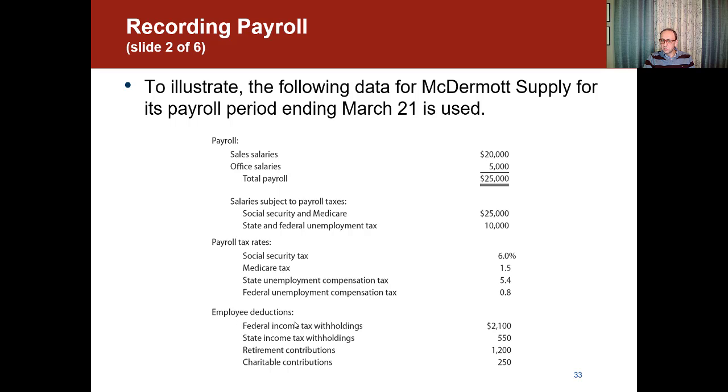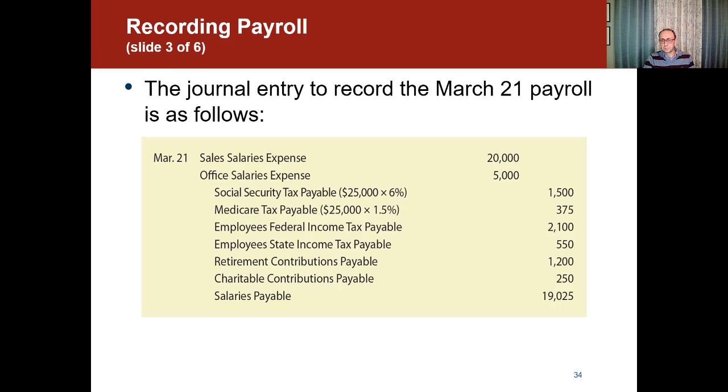Then we have the employee deductions, which is the amount that we deduct from our employees, because they are the employees' responsibilities. And we discussed that in the previous video, where we have the federal income tax withholding, the state income tax withholding, the retirement contributions, and the charitable contributions. And again, this is not only for one employee, but let's assume that this is for a number of employees.